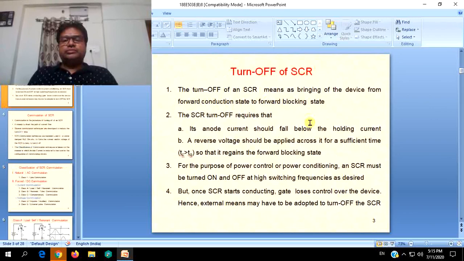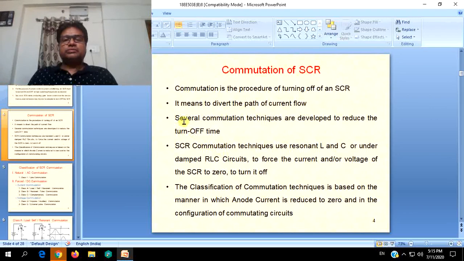Depending on this, and to achieve these two conditions for a turn off, several commutation techniques are developed to reduce the turn off time. SCR commutation techniques use resonant L and C or underdamped RLC circuits to force the current and/or voltage, that is either current or voltage or both, of the SCR to 0 to turn it off.